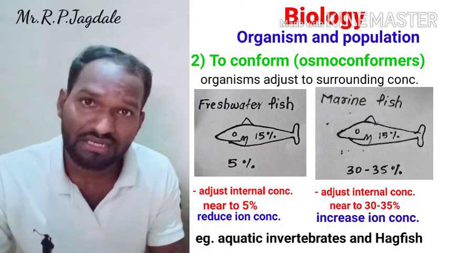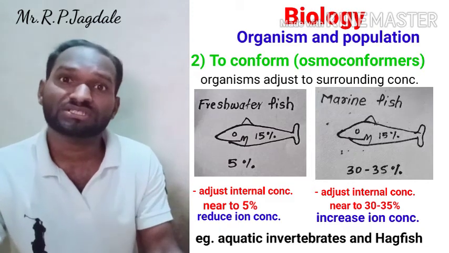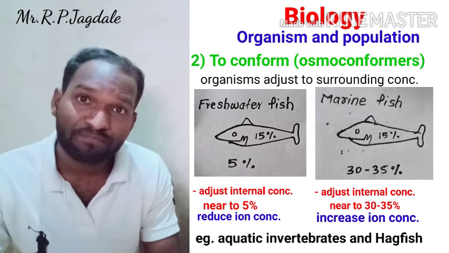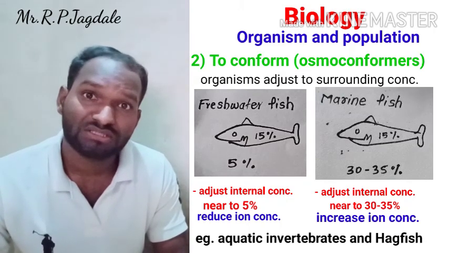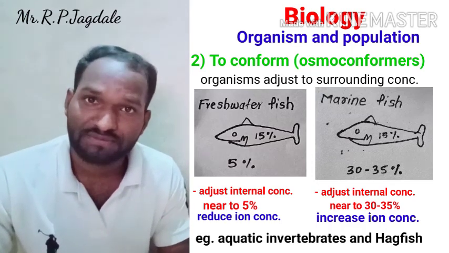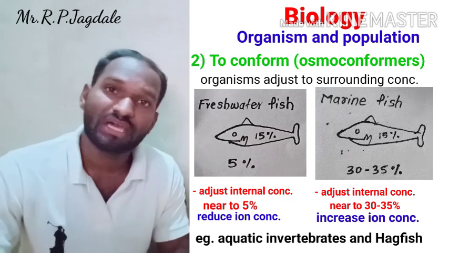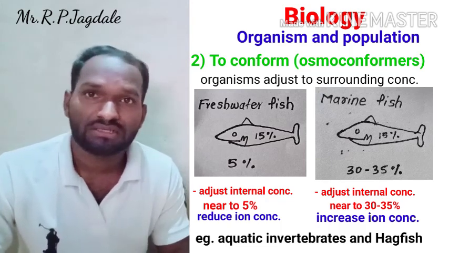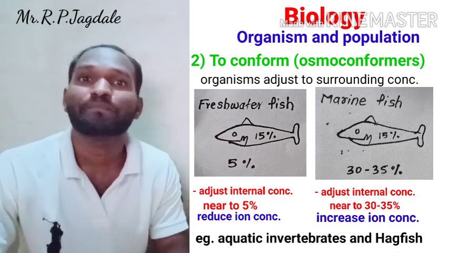Whatever the temperature is, whatever the concentration is, they either increase their concentration to match it, or reduce their concentration or temperature to match that condition. So by these two factors, organisms respond to various abiotic factors. Now how they respond according to temperature, we are going to see in the next lecture. Two points are covered; to migrate and to suspend, we are going to see in the next lecture.